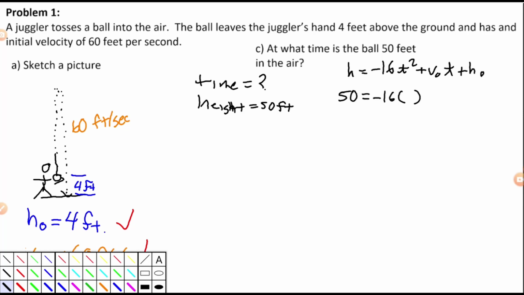Oh, t is just going to be t. We're not solving for that. I mean, we're going to be solving for that actually. So t squared, let me just rewrite that. I thought I was substituting. So t squared plus my initial velocity. What is my initial velocity? Still the same, 60 feet per second. And plus my initial height, and that was 4 feet.